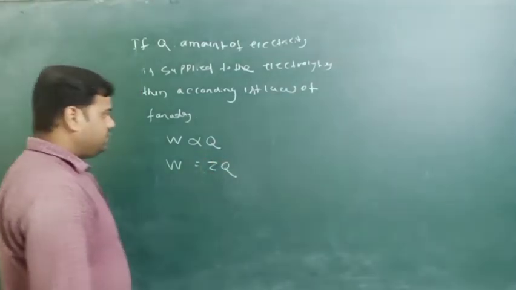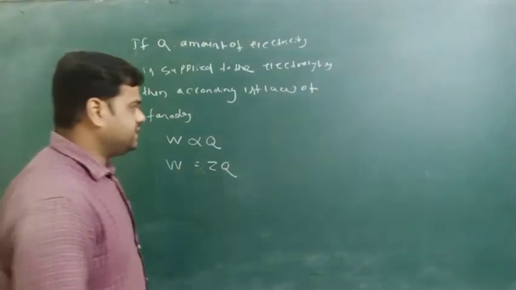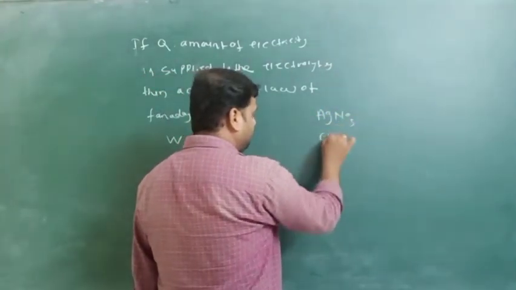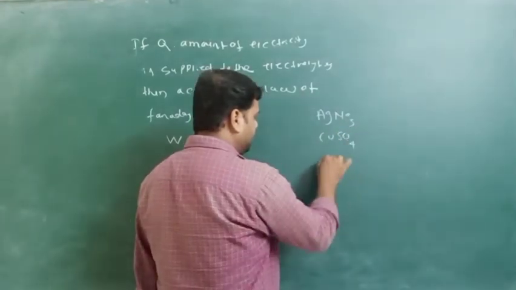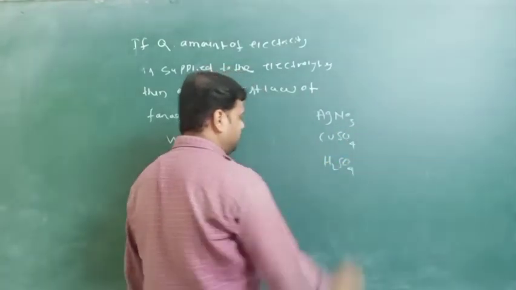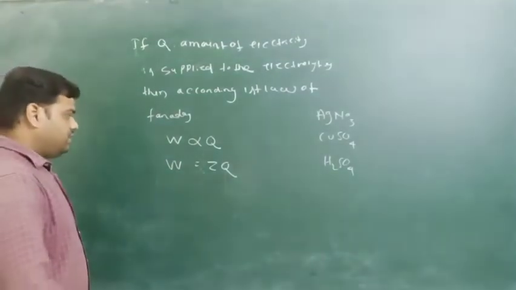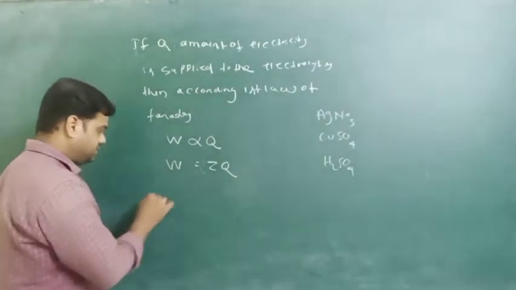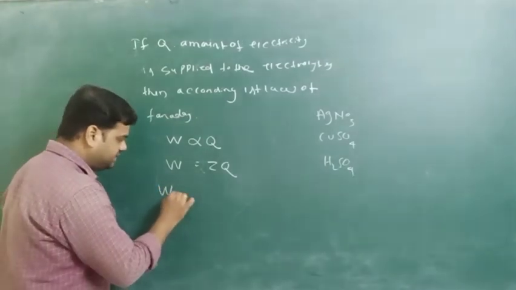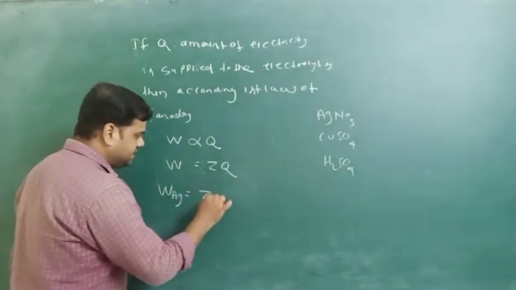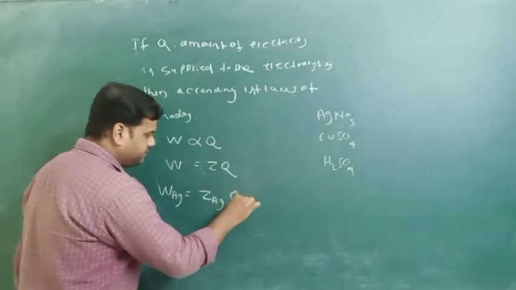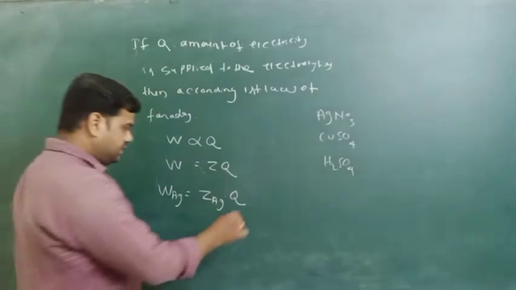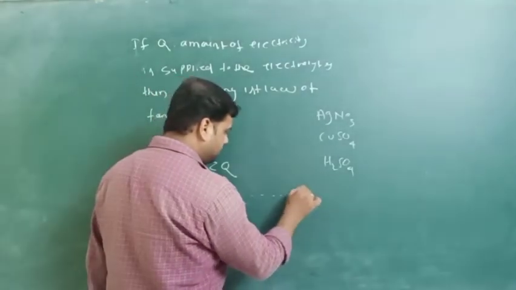So we have taken three electrolytic cells: AgNO3, copper sulfate solution, and H2SO4 solution. For the first electrolytic cell, W Ag equals Z Ag Q. This is equation 1.